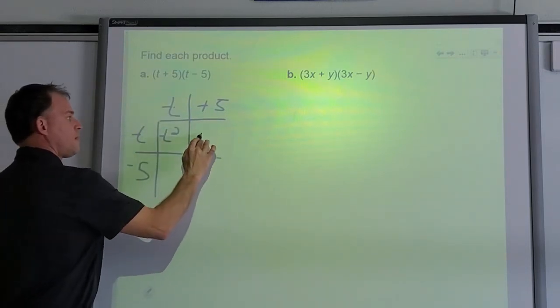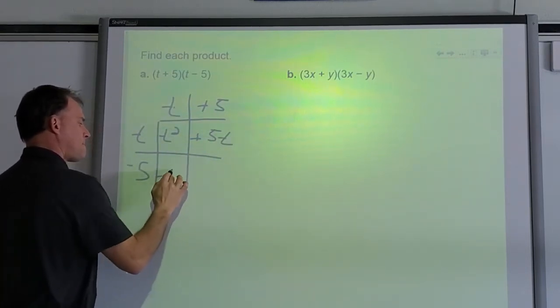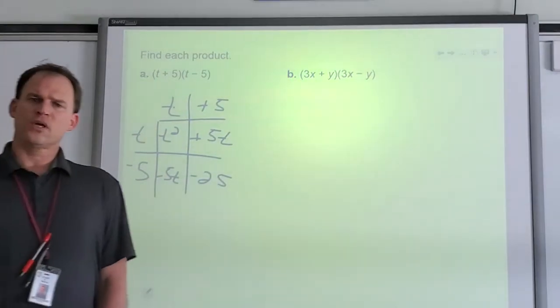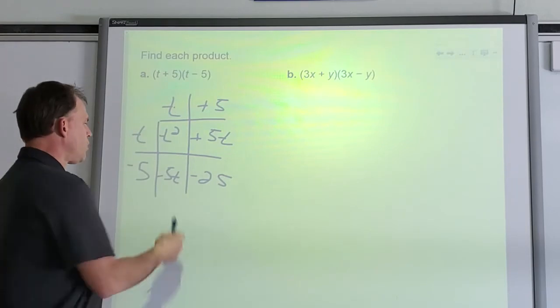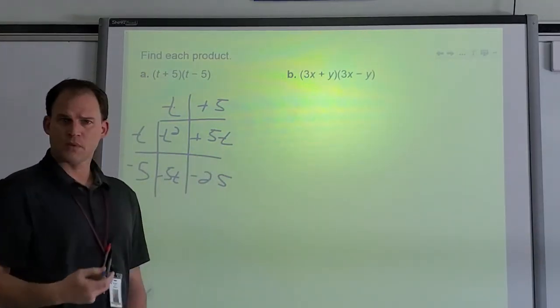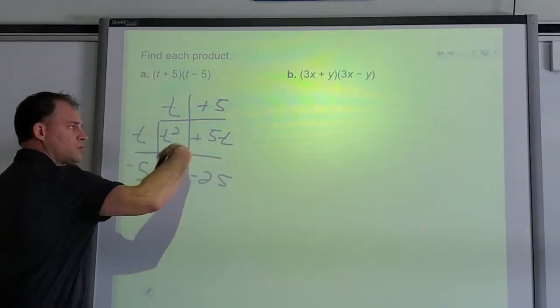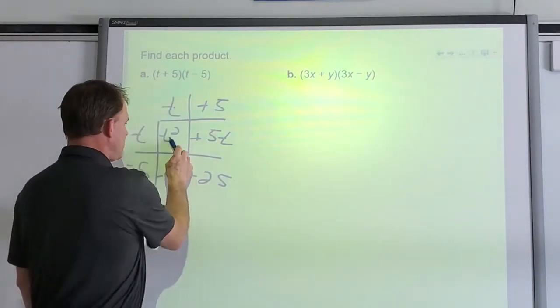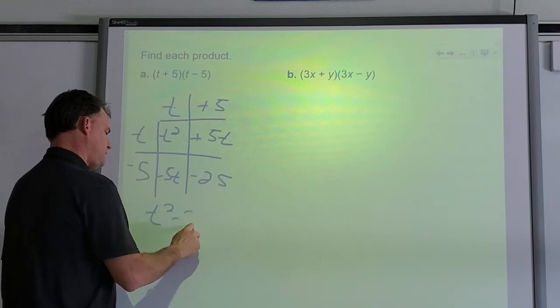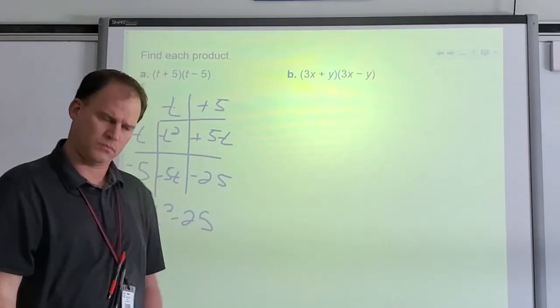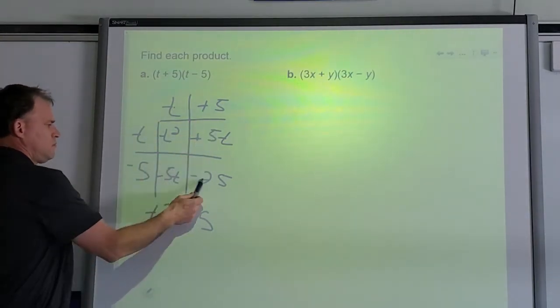T squared. When I go to combine like terms, what do you notice about my 2 like terms? I got a positive 5t minus 5t. Yeah, that makes 0 t's. So the only thing left here, why is the 25 negative? Yeah.